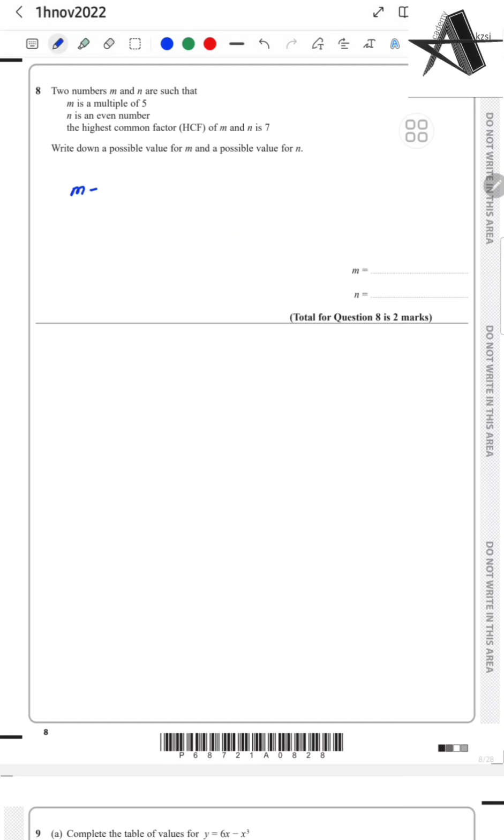So M is a multiple of 5 and 7. If it's a multiple of both, it will be a multiple of their product if 5 and 7 have nothing in common. So I can say it's a multiple of 35. N is an even number and also a multiple of 7, so I can say it's an even multiple of 7.